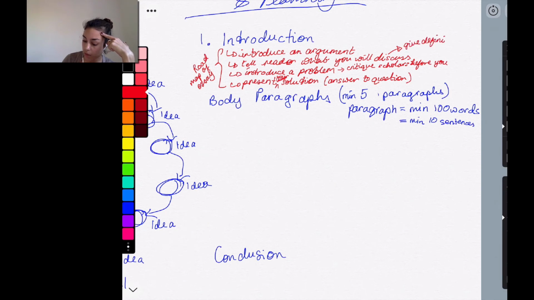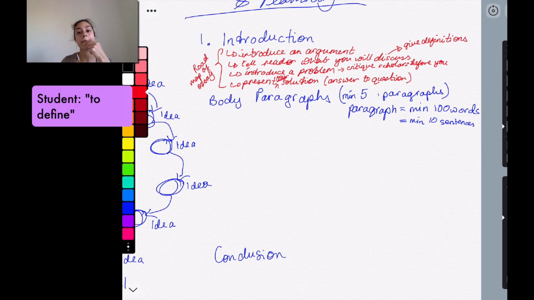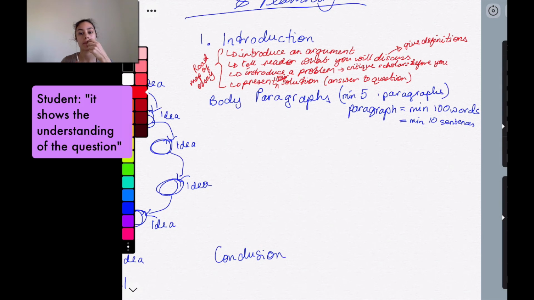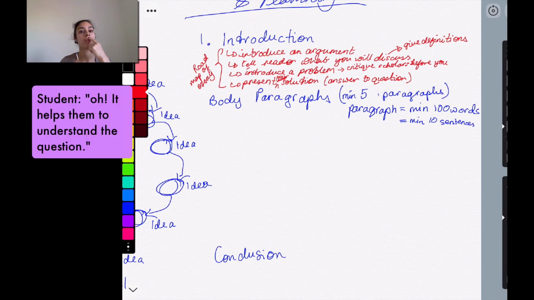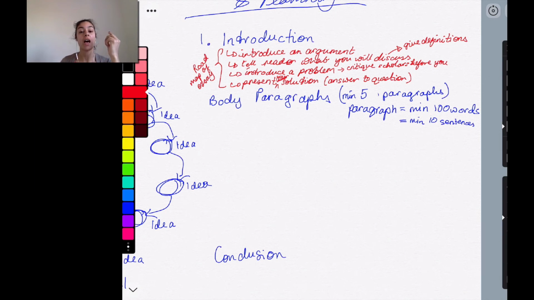Why do you think giving definitions is important? Yeah, so why is defining important? It does show the understanding of the question, but think about your reader. What? Yeah, and it also helps them to understand where you're coming from.